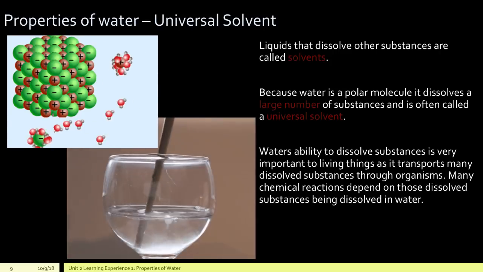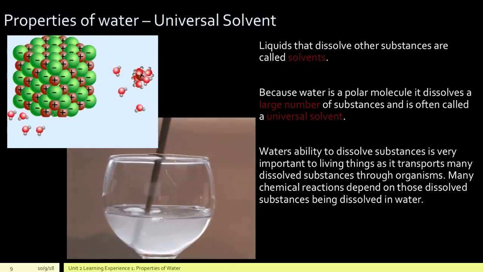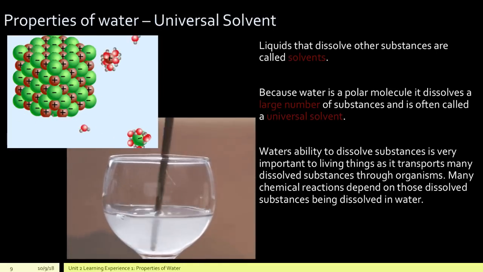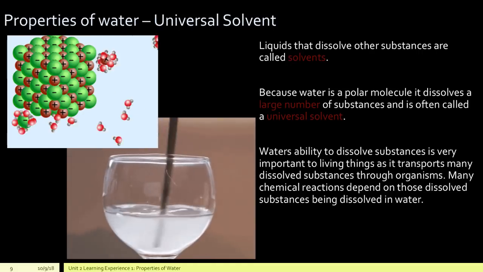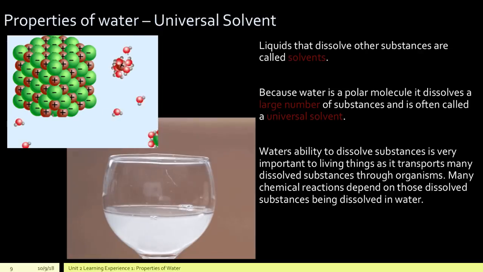You notice that the little water molecules are now interacting with that salt particle and starting to take it apart because the positive and negative atoms are attracted to the positive and negative sides of the water molecule. So now the water molecule is able to take that apart and help dissolve it.